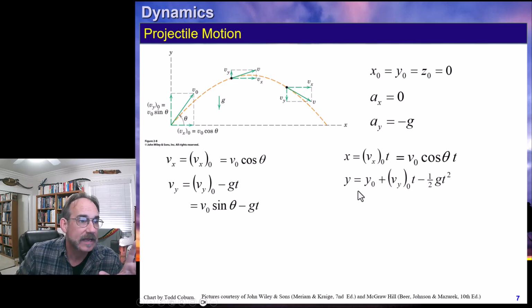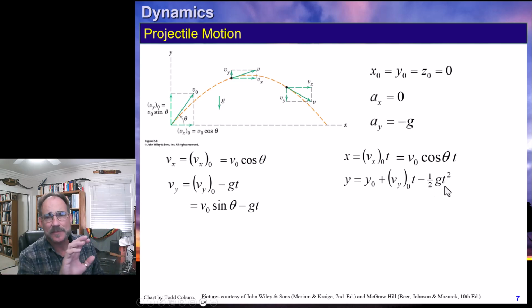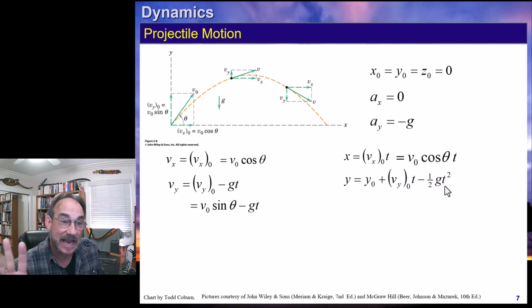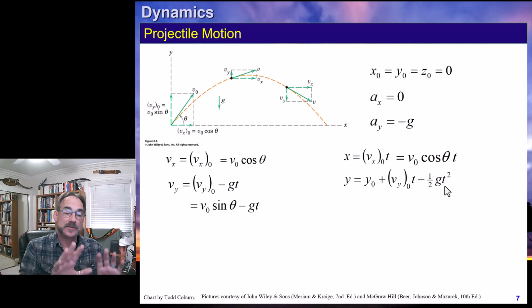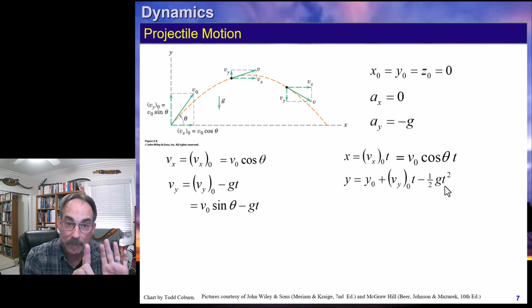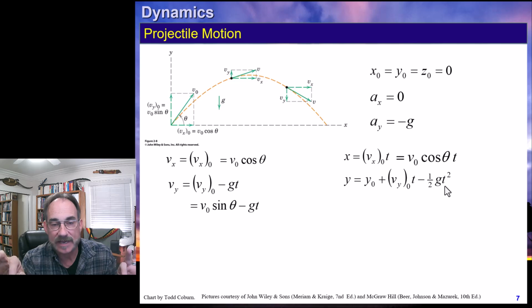Also, our y is now just y0 plus V0, the y velocity, t minus, remember this is just the position, s equals s0 plus vt plus at squared, and the a is negative. And since we're talking about the vertical component of that, we're just plugging into that s equals s0 plus v0t plus 1/2 at squared.